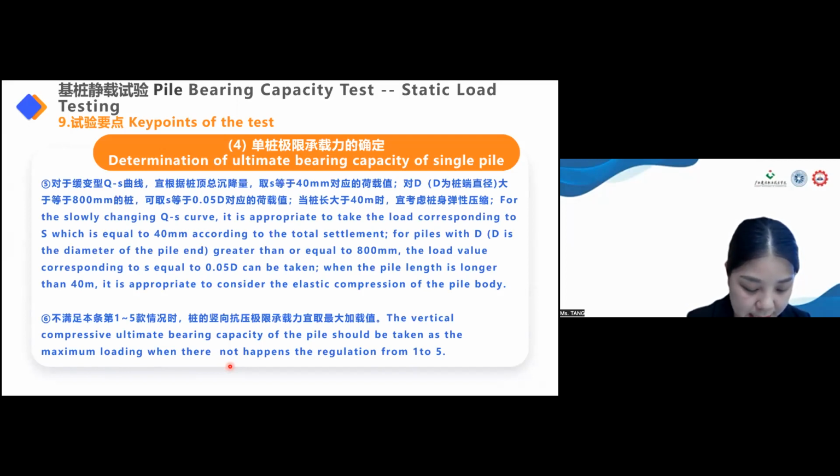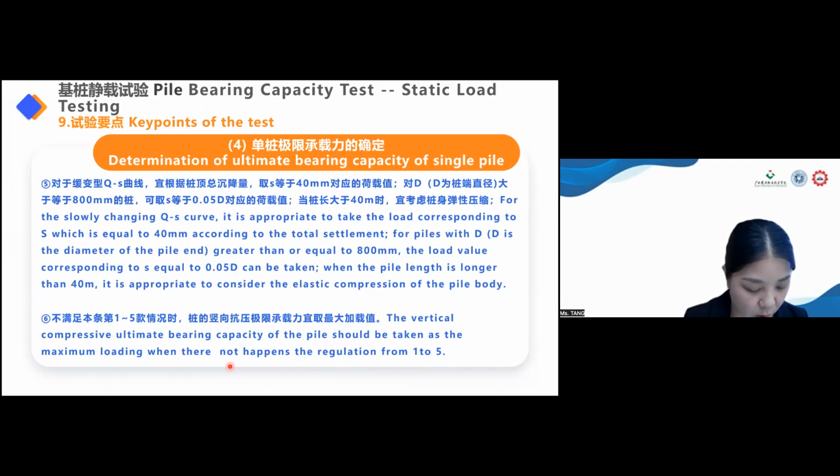For pile diameter D, where D is the diameter of the pile end, greater than or equal to 800 millimeters, take the corresponding load value when the settlement equals 0.05 D. When the pile is larger than 14 millimeters, the completion of the pile body shall be considered.